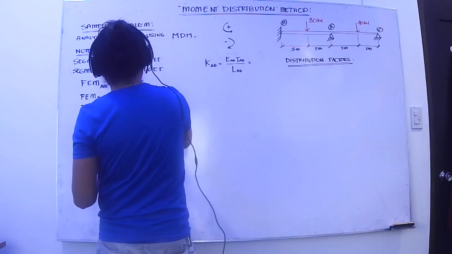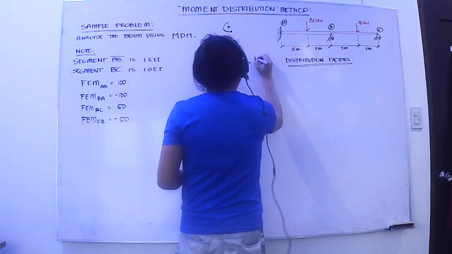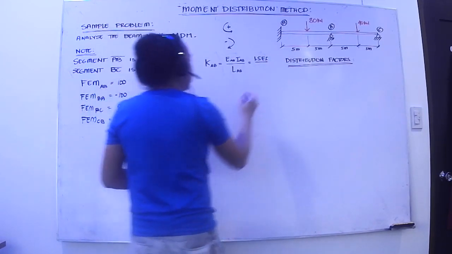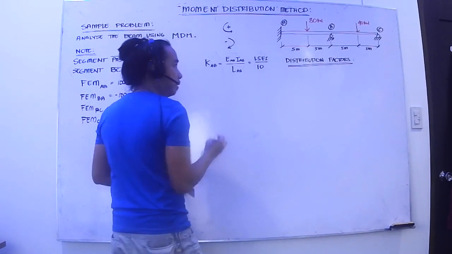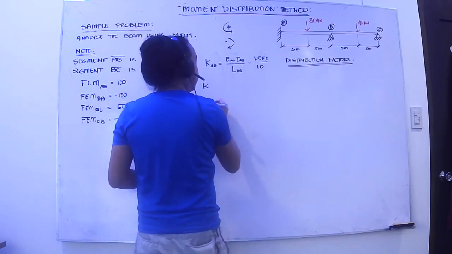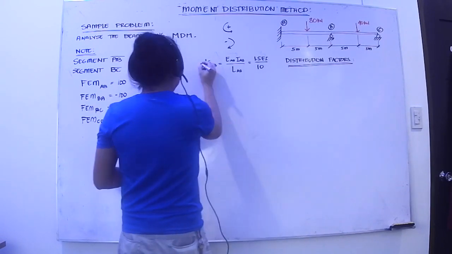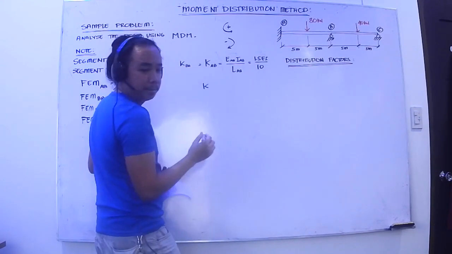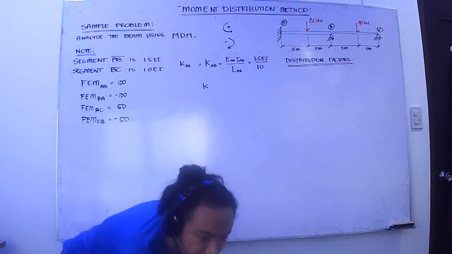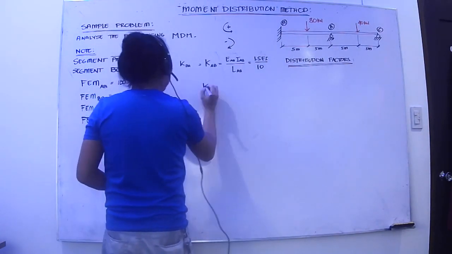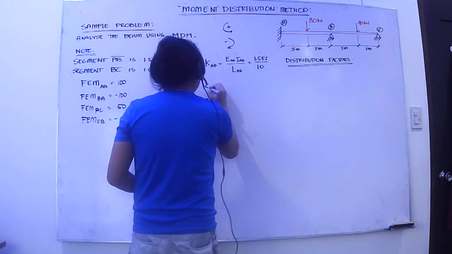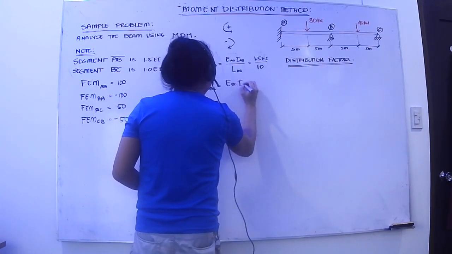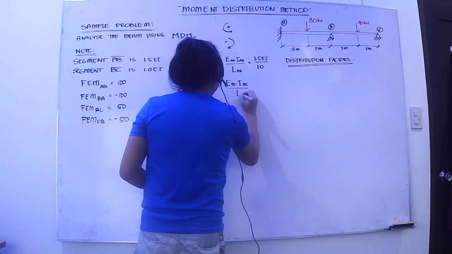For AB, the EI is 1.5 EI and the length L AB is 10. Likewise, K BC is E I BC over L BC.